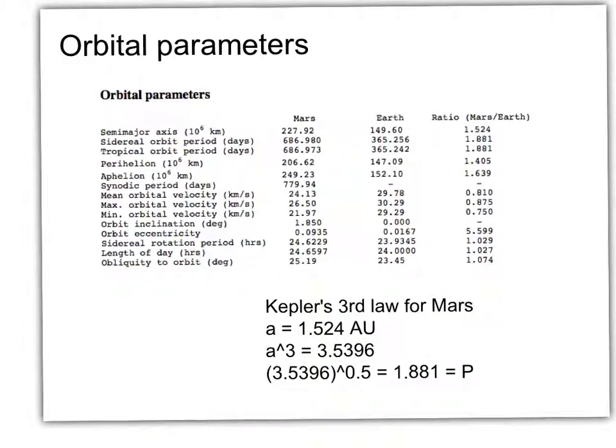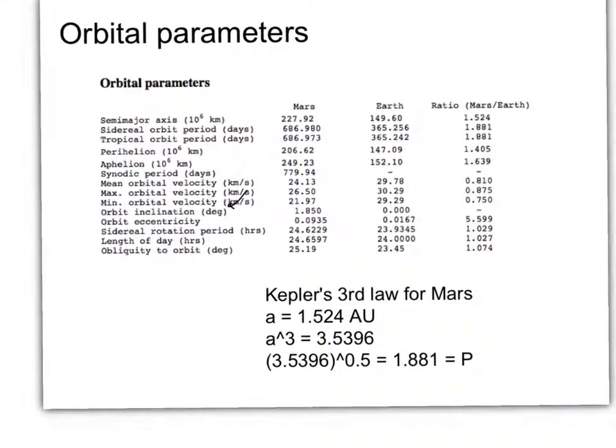But just to look at that third law again in a little bit more detail, here A is the semi-major axis, and P is essentially how long it takes the planet to go around.